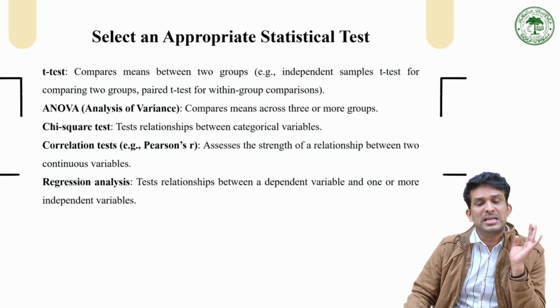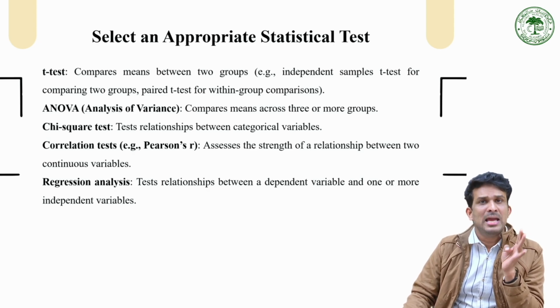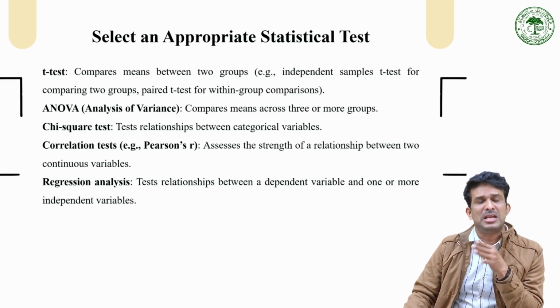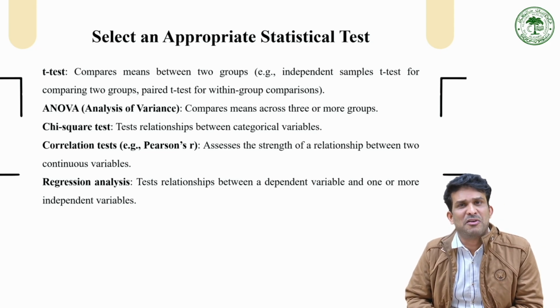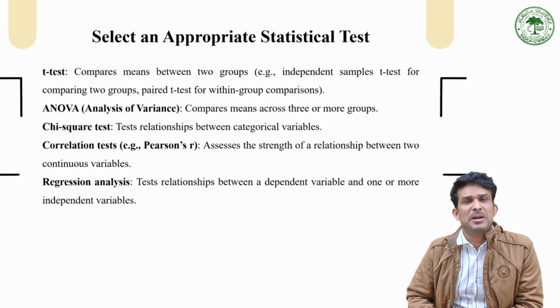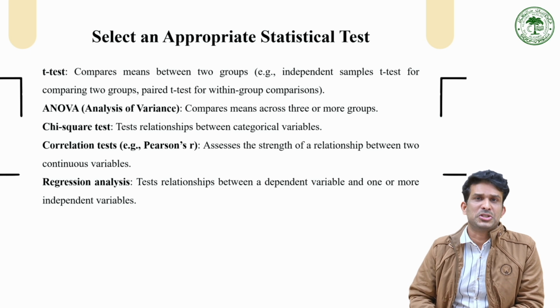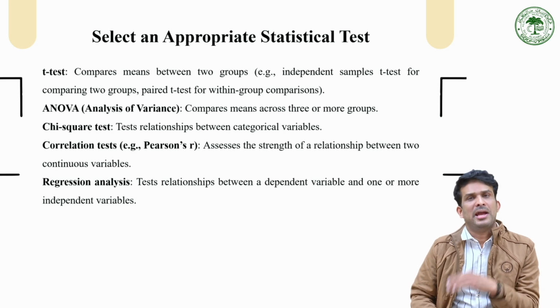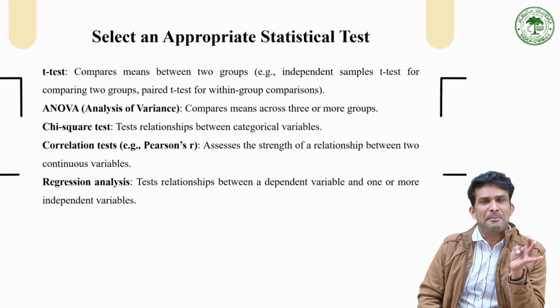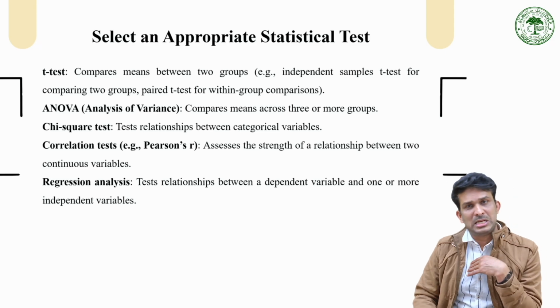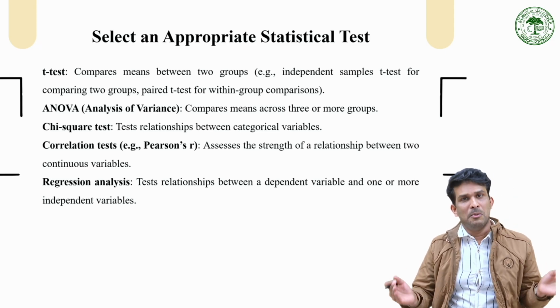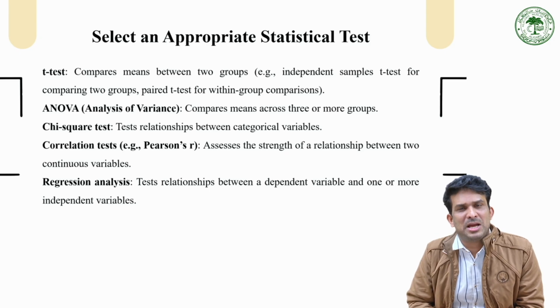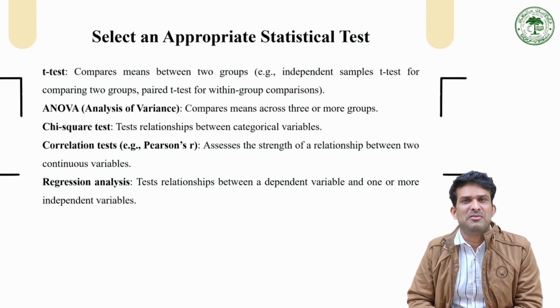If it is a paired sample t-test, for example, I experimented with a strategy in my class where the students will be in a happy state of affairs after I started implementing my specific pedagogic strategy. Initially, I have to take a test of happiness, whether they are happy with my class, the perceived happiness of students. Then I give the students the curriculum, framework or strategy that I have developed.